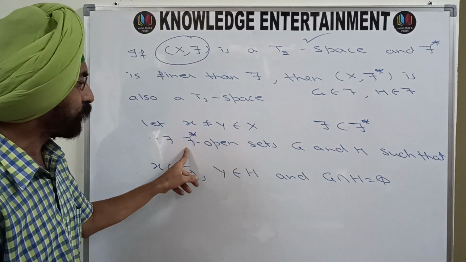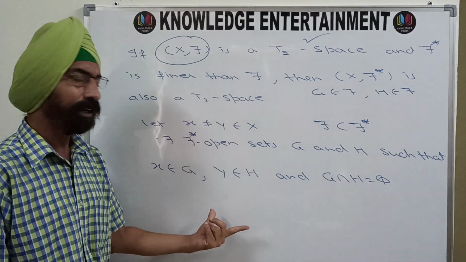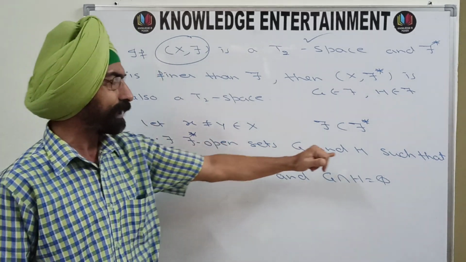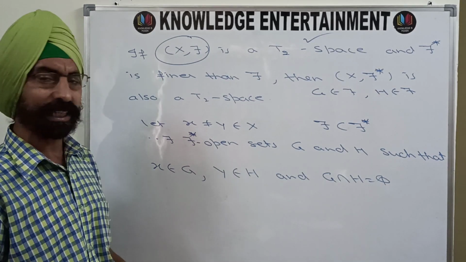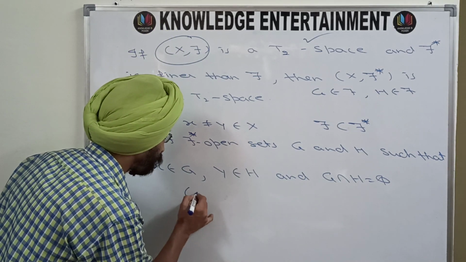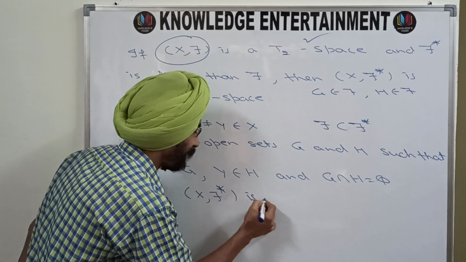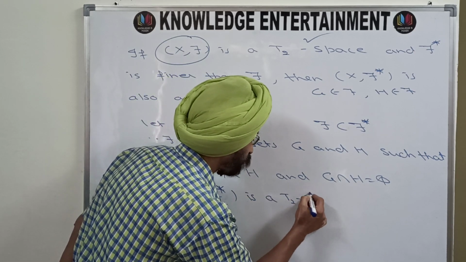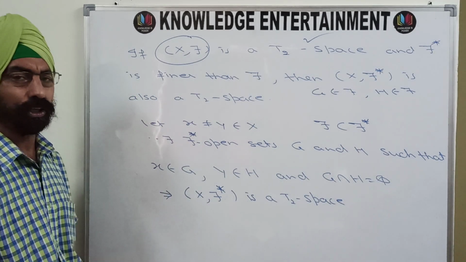So H is also tau star open. That means you are able to find two tau star open sets G and H such that G contains x, H contains y, and G intersection H is empty, and that makes your topological space (X, tau star) a T2 space. This makes your space Hausdorff.